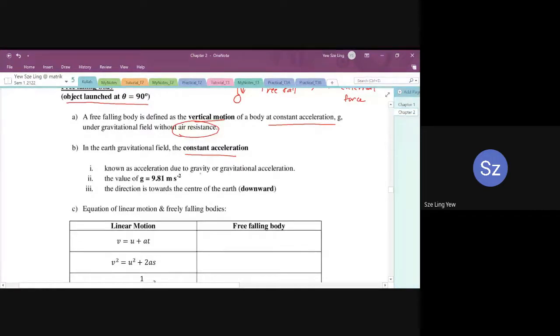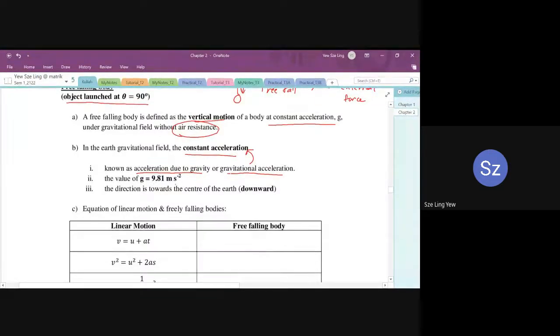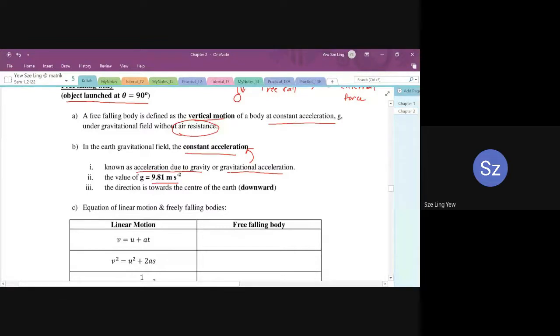They all refer to constant acceleration. The value of g is 9.81. Now remember, this g is just magnitude without direction. And the direction of this g is always pointing towards the earth. So we say downwards.